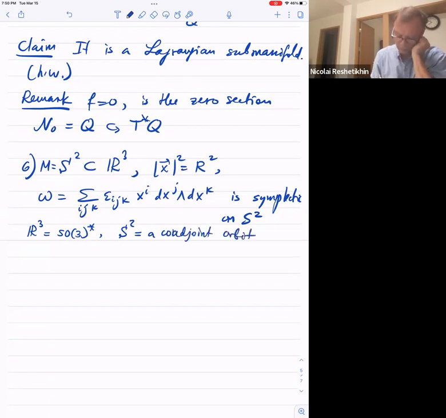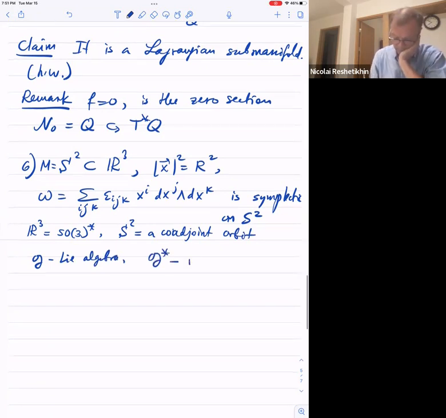And it's a standard fact that if you have a Lie algebra, its dual space will have something that's called a Poisson structure.